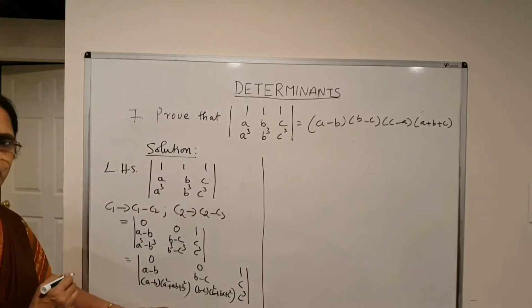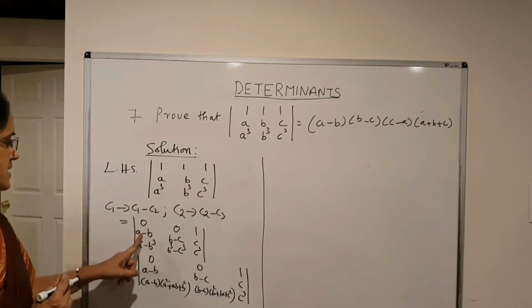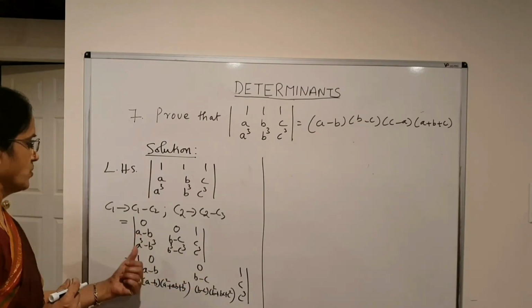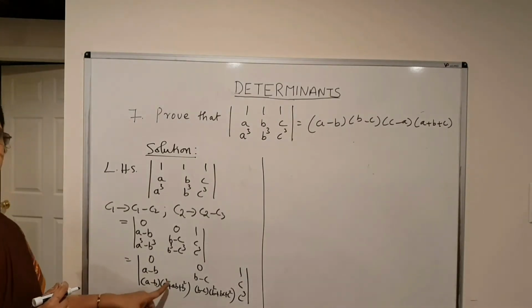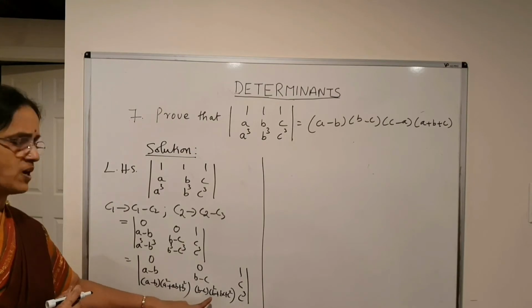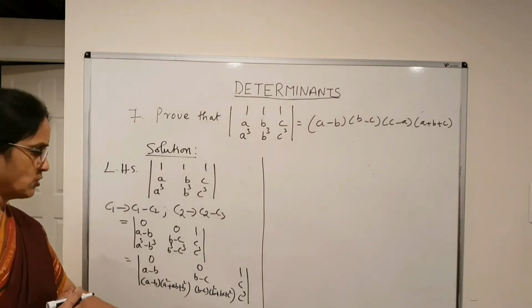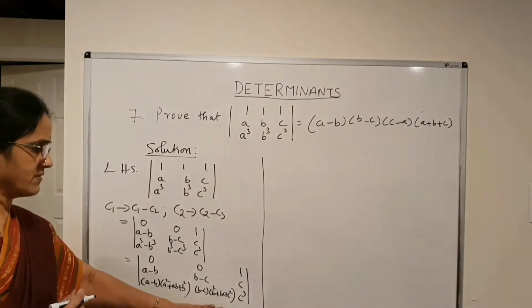I hope you got the point. I have written the first row as it is, second row as it is, third row instead of A cube minus B cube, I have written A minus B into A square plus AB plus B square. Instead of B cube minus C cube, the same formula: B minus C into B square plus BC plus C square. That's what I have done.